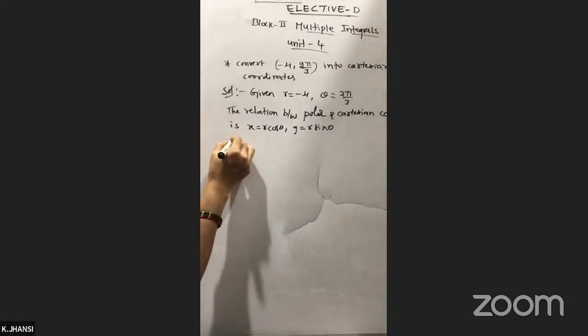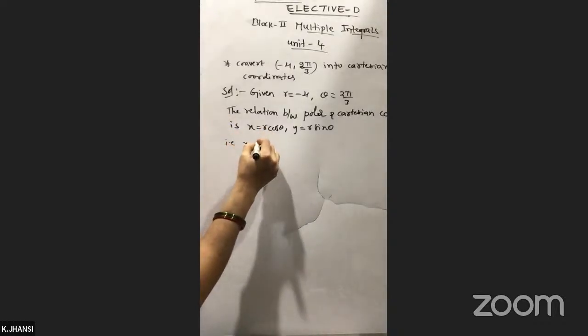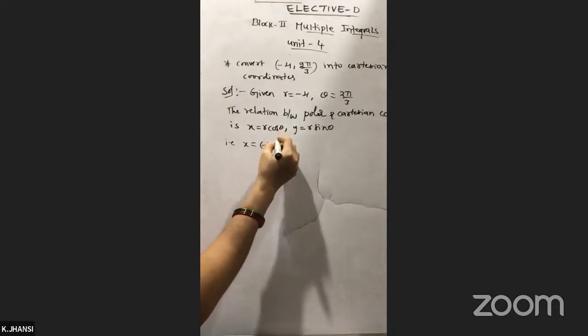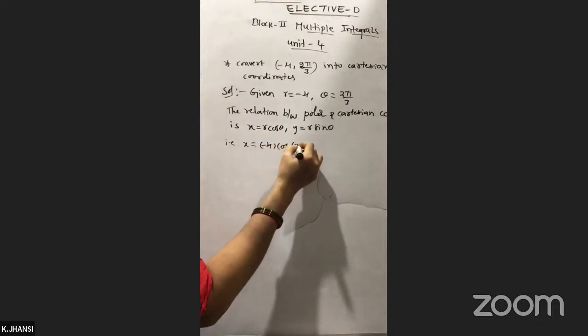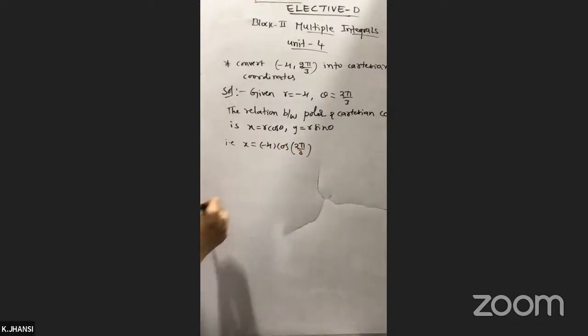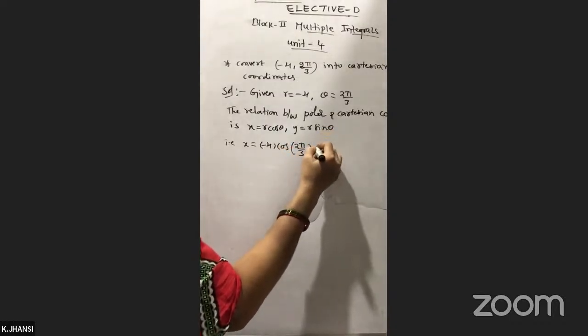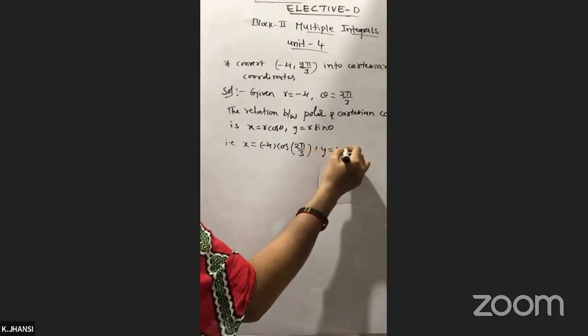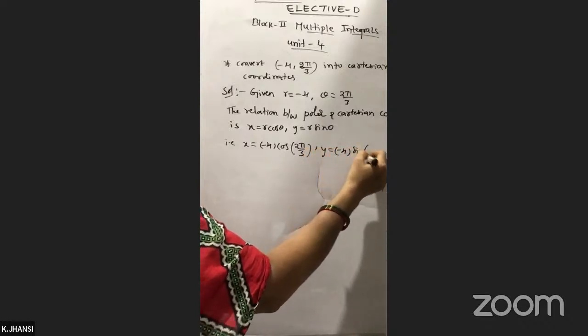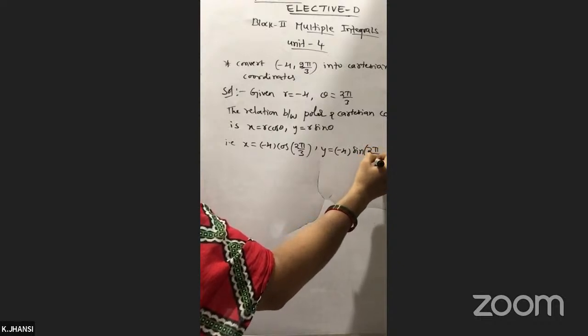Now substitute the values here. That is, x equals r, which is minus 4, cos theta, where theta is 2 pi by 3. And here y equals r, which is minus 4, sin 2 pi by 3.